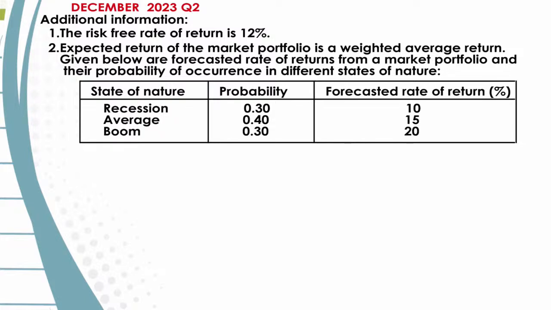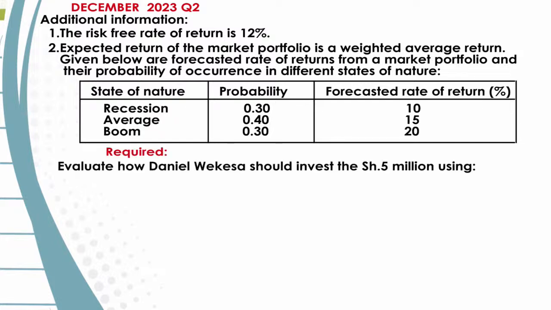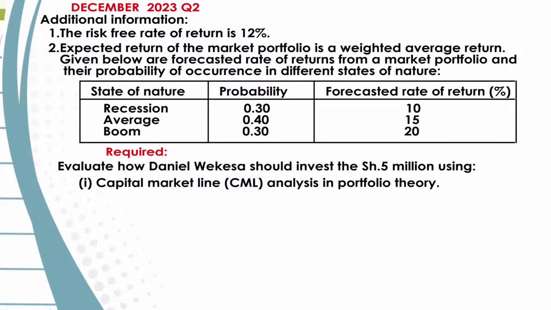The probabilities are 0.3, 0.4, and 0.3 respectively. The forecasted rate of return are 10%, 15%, and 20% respectively. Required: evaluate how Daniel Wekesa should invest the 5 million shillings using Roman 1, capital market line analysis in portfolio theory, and Roman 2, capital asset pricing model, 7 marks each.